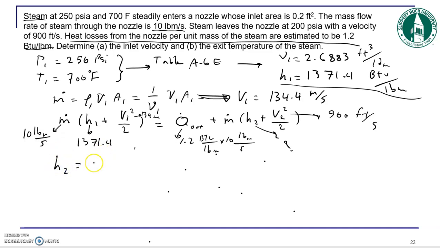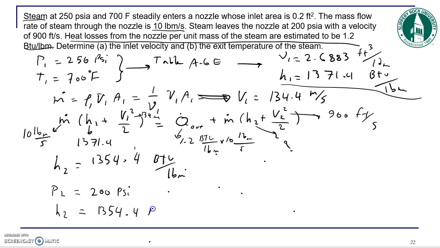Okay, so now if you put the information in, you can find H2. So H2 is 1354.4 BTU per pound mass. This is per unit mass. And then we have the information at the exit. So P2 is equal to 200 psi, right? And then H2 is also equal to 1354.4 BTU per pound mass from the first law of thermodynamics.